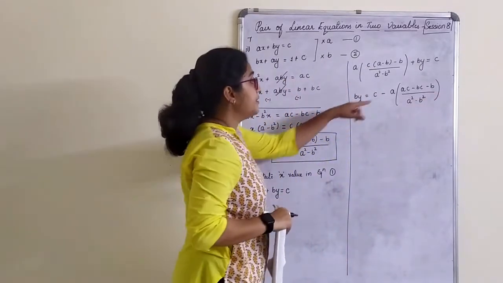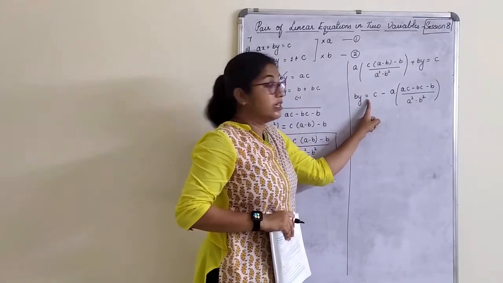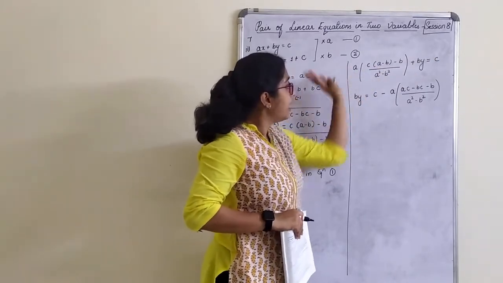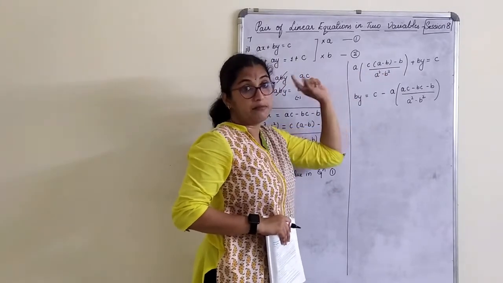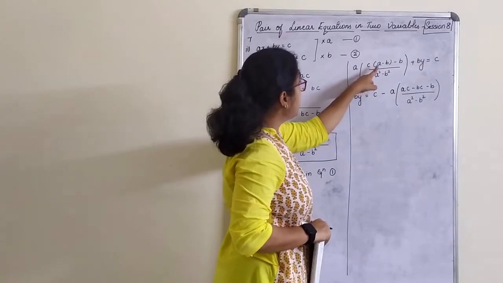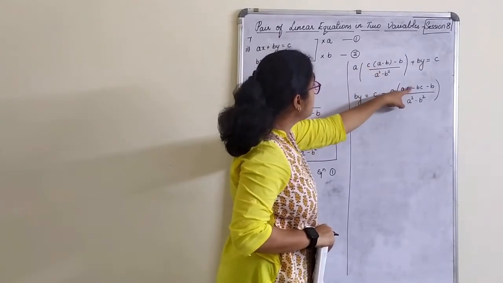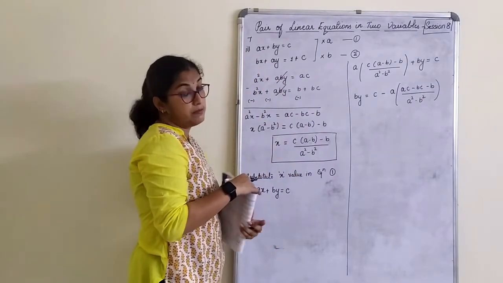Understood, children, what I have done? I kept by as it is, c as it is after the equal to sign. The whole of this I took as minus there. Assume that this was one single number. If I take it minus, I will get the same thing. I multiplied ac minus bc minus b as it is, divided by a square minus b square.